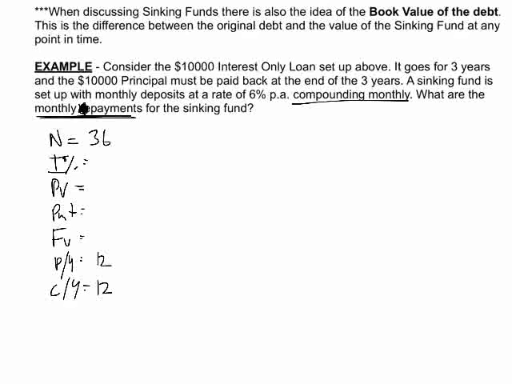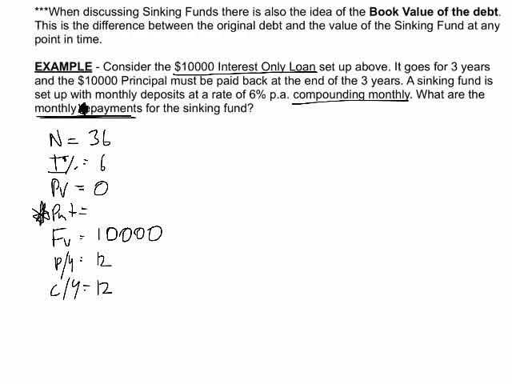And the interest rate of this sinking fund is 6.9%. It doesn't say anything about them putting a large chunk of money in right at the start of the sinking fund, so PV is going to be 0. We're solving for PMT, and we've decided that we want to pay off that interest-only loan, so we need the money to grow to $10,000 by the end of those 3 years. So we're just working out how much we need to put into this account, this sinking fund, every month to grow to $10,000 at the end of 3 years.